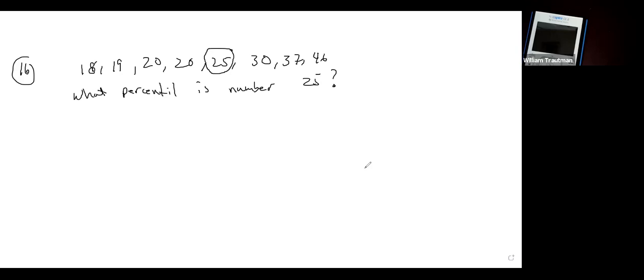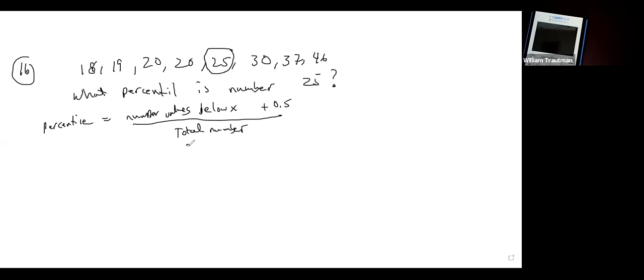And the formula for percentile equals the number of values below X, then add 0.5 to it and divide by the total number of data.